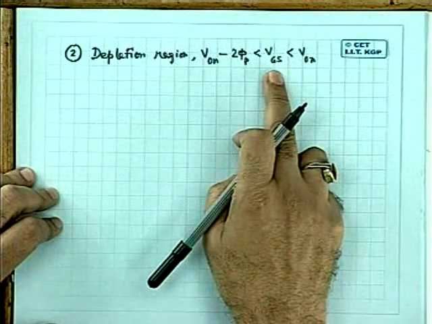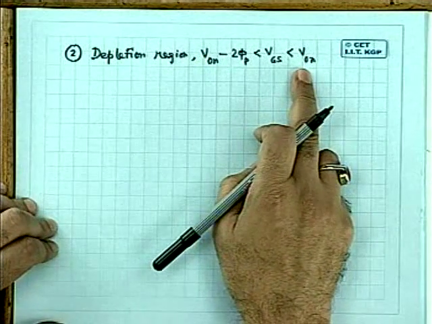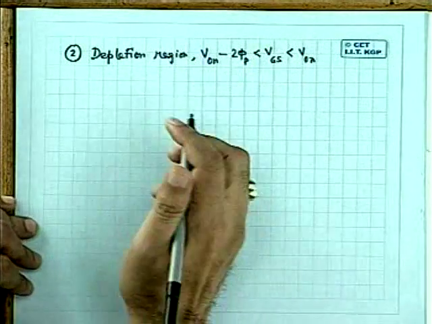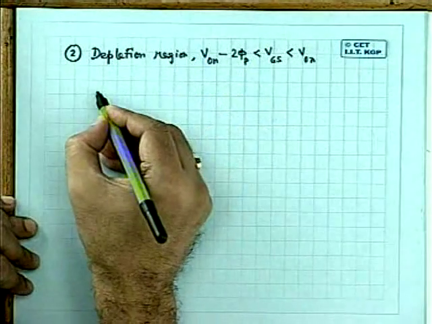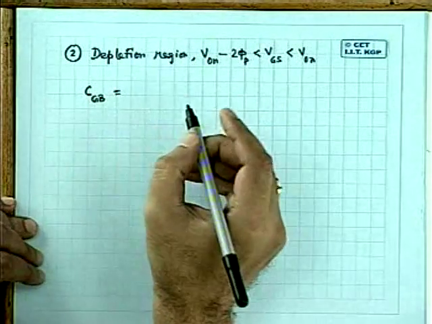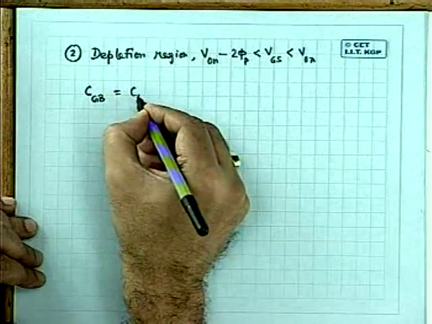That means usually we say that it is VGS less than VTH. Up to that point, I am calling it depletion region. Then CGB was modeled by Meyer as follows.